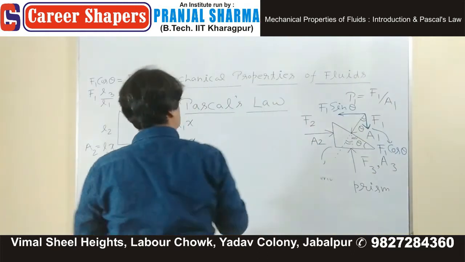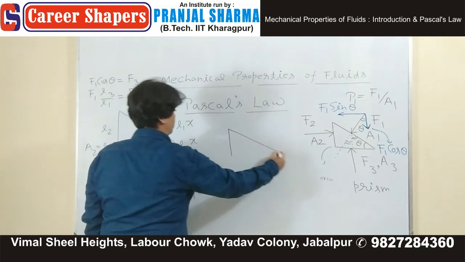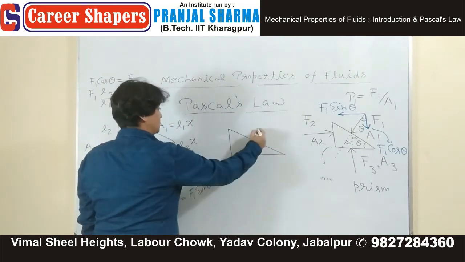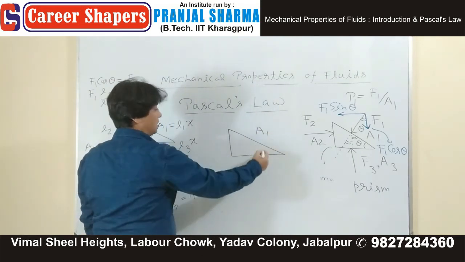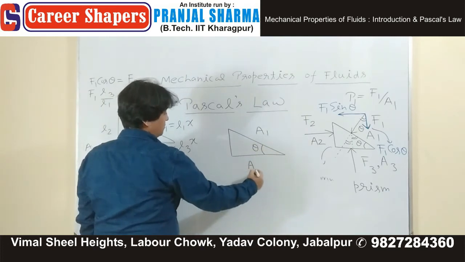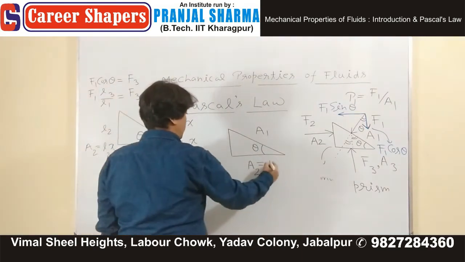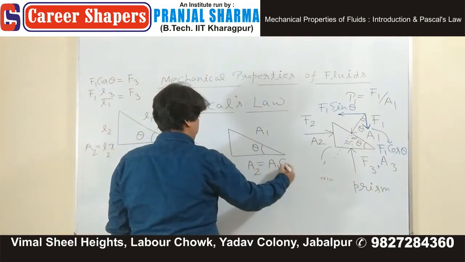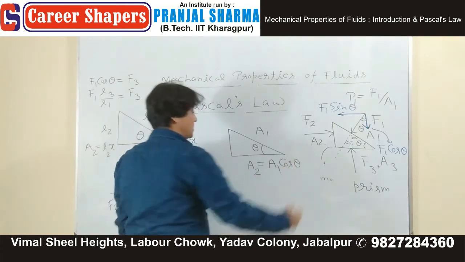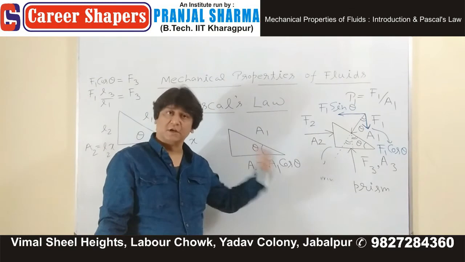Look, like this. This is A1. This angle is theta. This area is A2. But I can say that this A2 is nothing but A1 cos theta. As if I am resolving area.